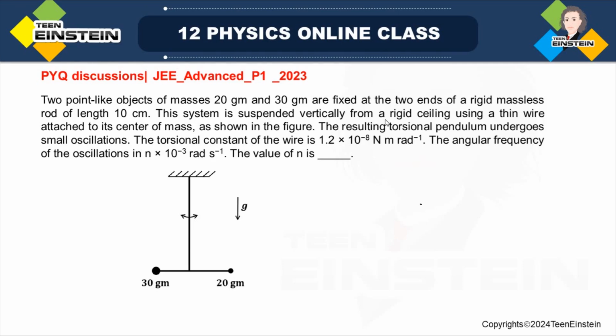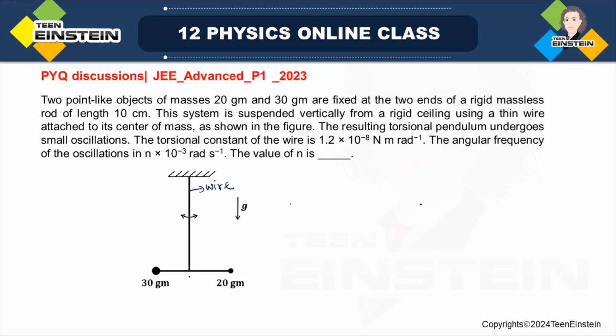This system is suspended vertically from a rigid ceiling using a thin wire attached to its center of mass. And that thin wire is supported at the rigid ceiling.